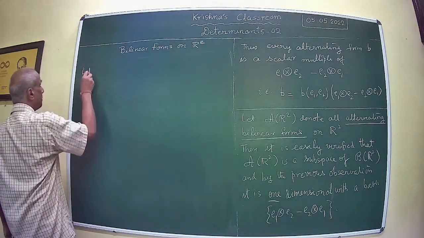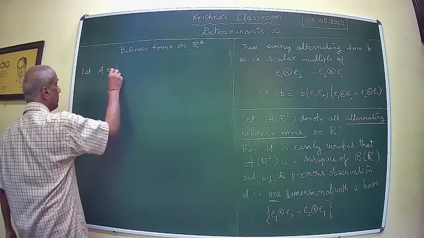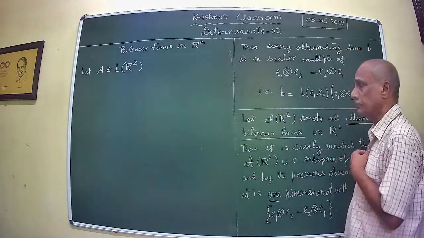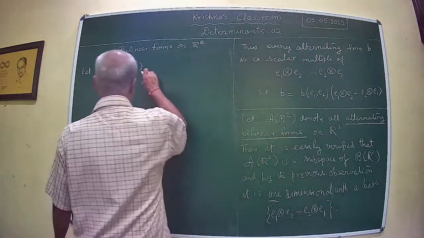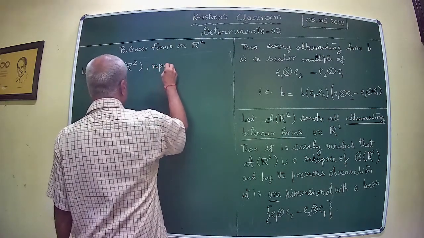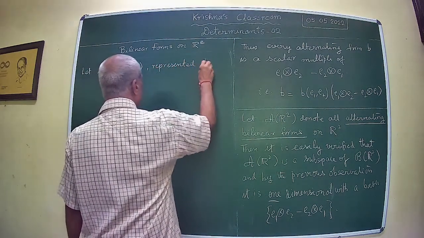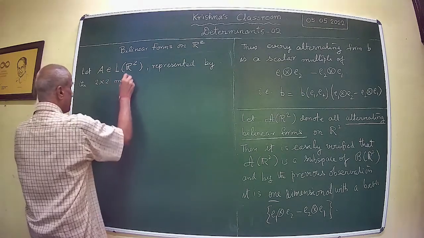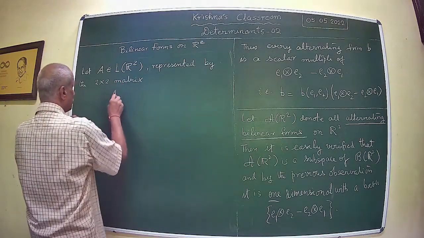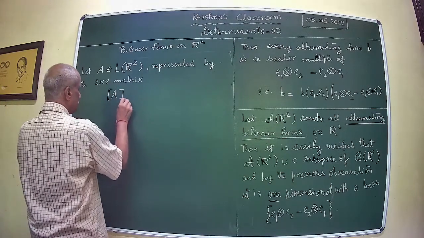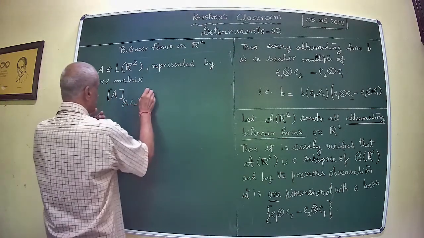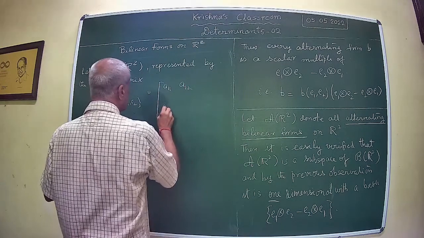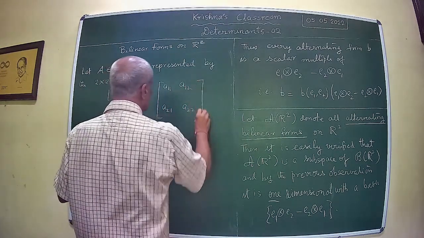Let L be a linear transformation on R2 represented by A2.